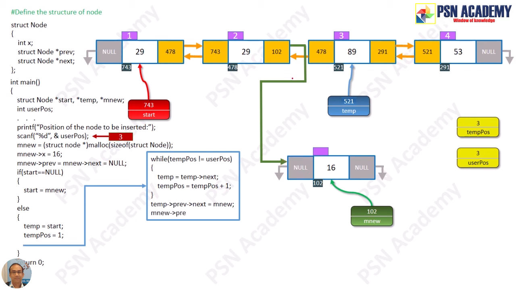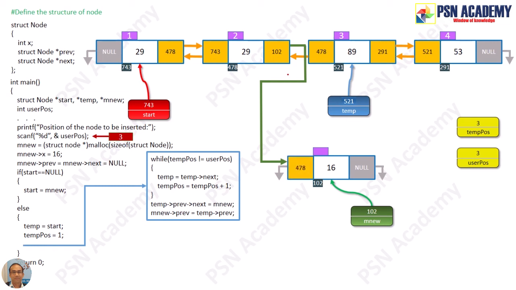So you write mnew prev equal to temp prev. Now this temp prev is 478. You can see that. So mnew's prev has got 478.